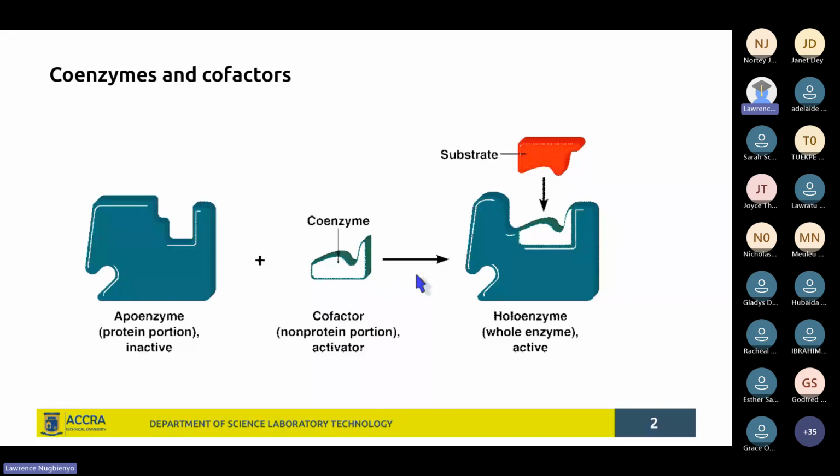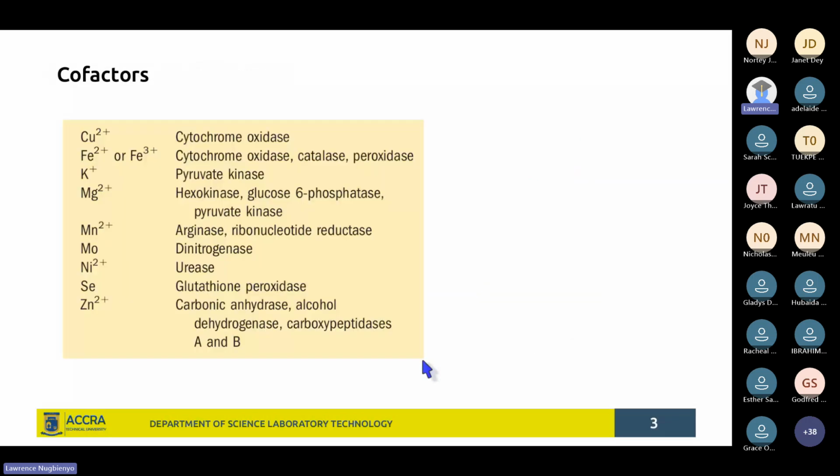Activator, we did talk about it. Substrates, yes, we talked about it. So the new term which you can pick from this is holoenzyme, which is the active enzyme, the whole complex coming from the enzyme, which is the protein part, and the non-protein part, what we are referring to as a cofactor or the coenzyme.